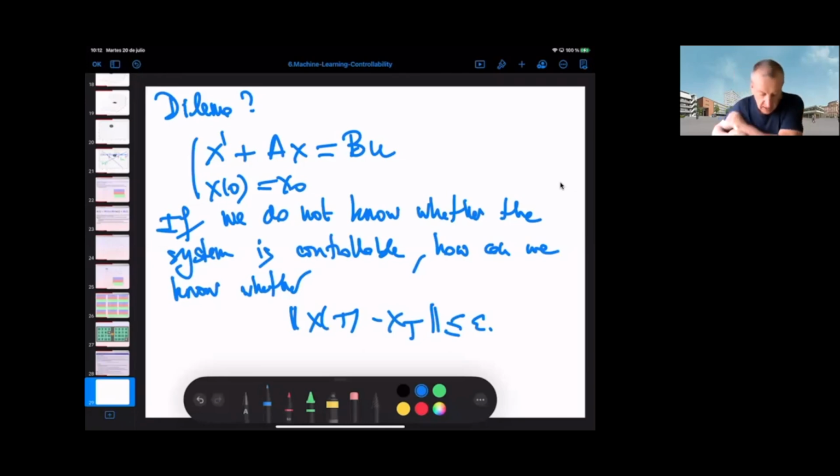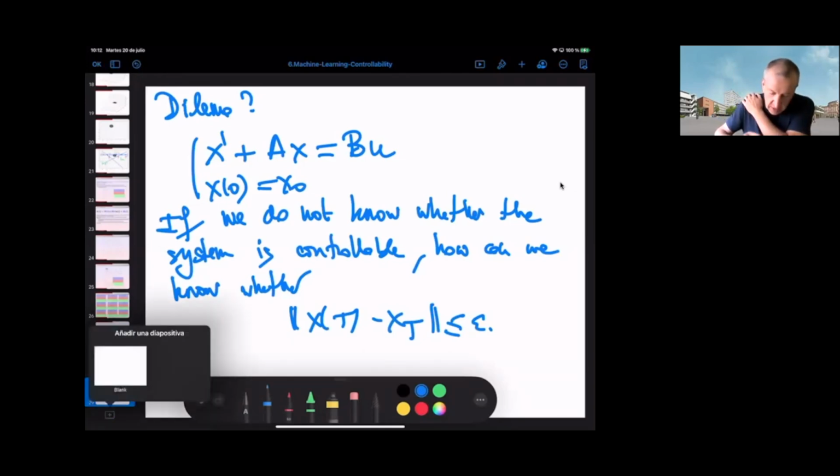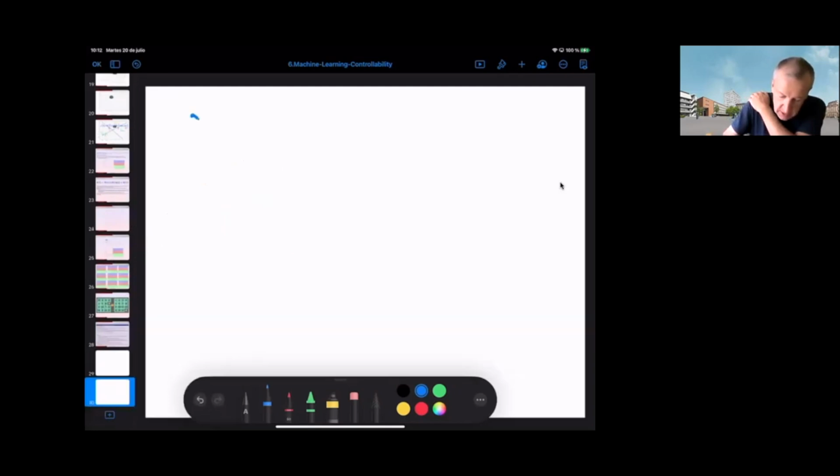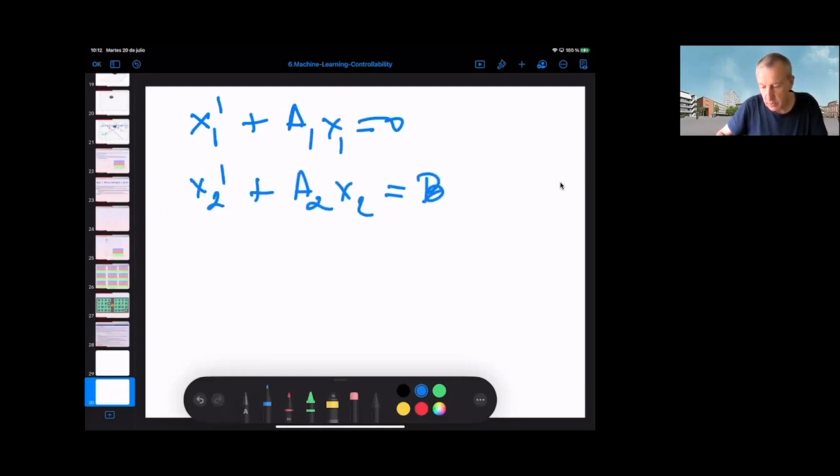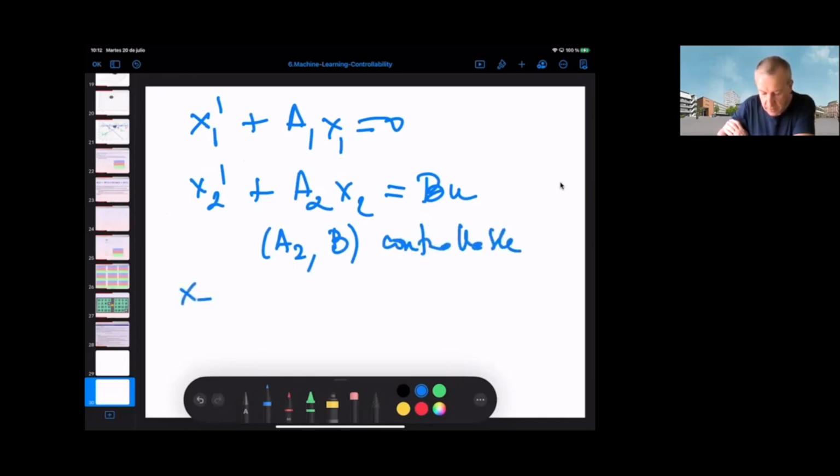Because as I said yesterday, when the system is not controllable, this is like the situation in which one component of the system, X1, is driven by one matrix, and the other component of the system is driven by another matrix, A2. A2B is controllable, but within the state X1, X2, X1 is not controllable.